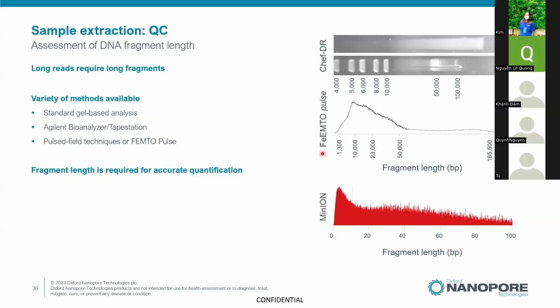There are a variety of methods available to do fragment analysis, for example gel-based analysis, or you can use Bioanalyzer, TapeStation, or Femto Pulse. However, if you are expecting fragments larger than 20 kb, then Femto Pulse would be ideal.